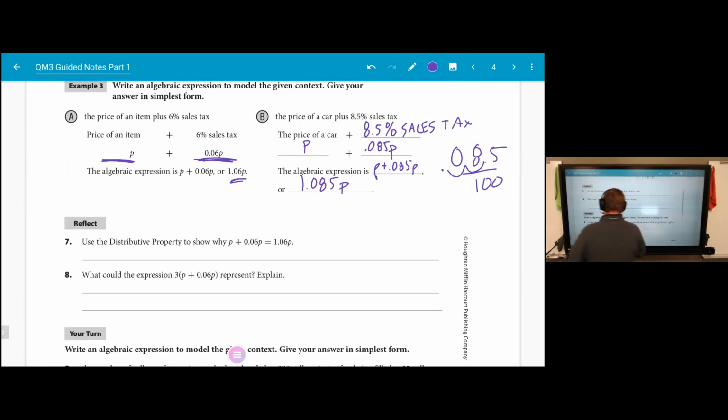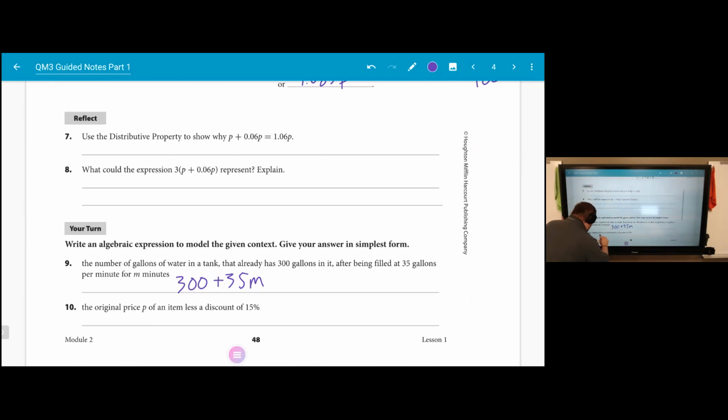I've got the price of an item, P, and from that I'm going to take away 15% times the total cost of the item, or the original price. If I subtract that, it's like 1 minus 15 hundredths. This would give me 85 hundredths P if I simplified that all the way out.